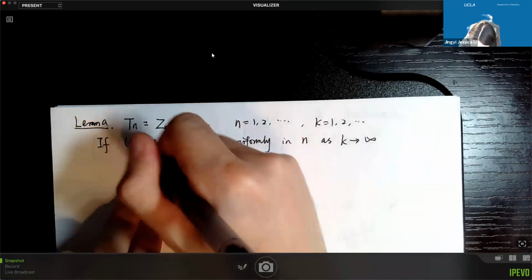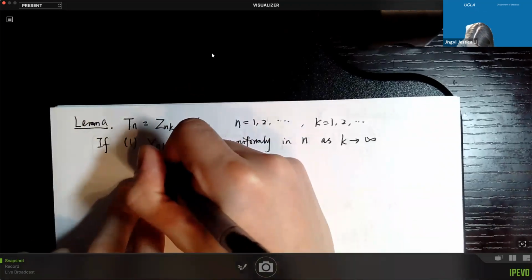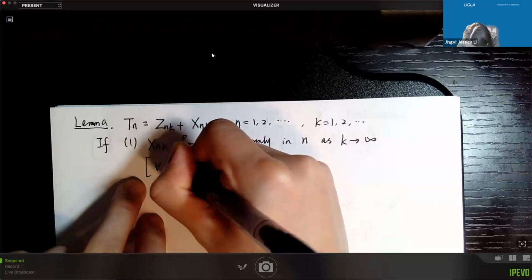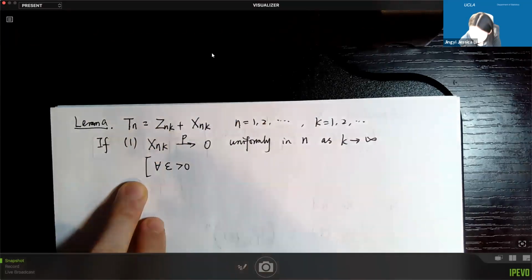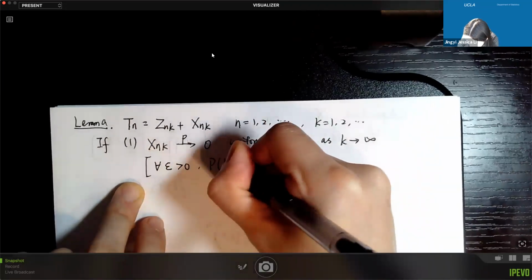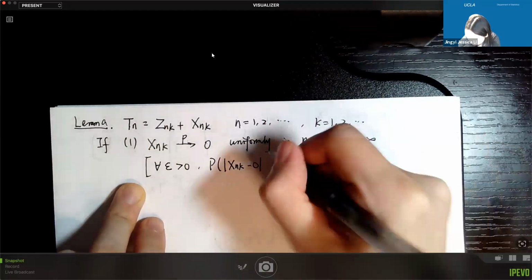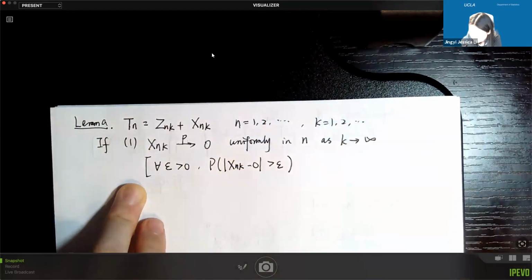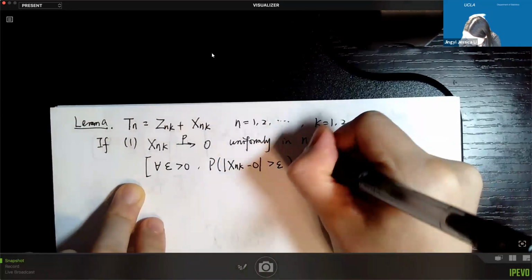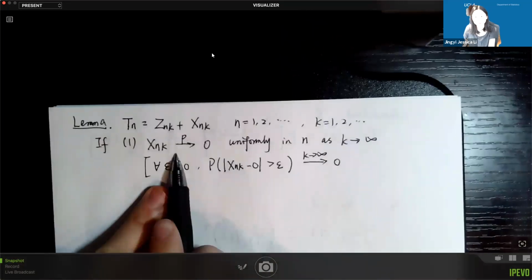The definition is, for any epsilon greater than 0, the probability of |X_{n,k} minus 0| greater than epsilon converges to 0 as k goes to infinity. That's the definition of convergence in probability.